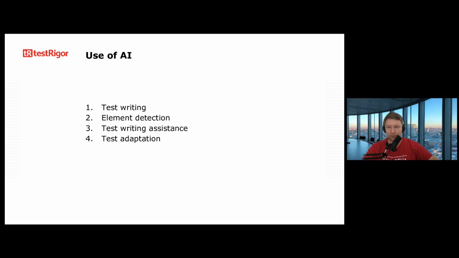So what we're taking advantage of is AI. And there are a lot of different ways AI is helping. It helps in writing tests, element detection and classification, in particular, in order to understand what it is and how to deal with it. Test writing assistance, test adaptations, and so on and so forth.